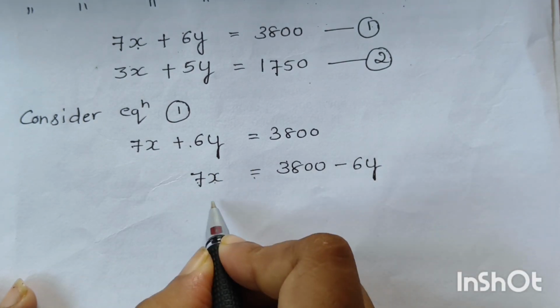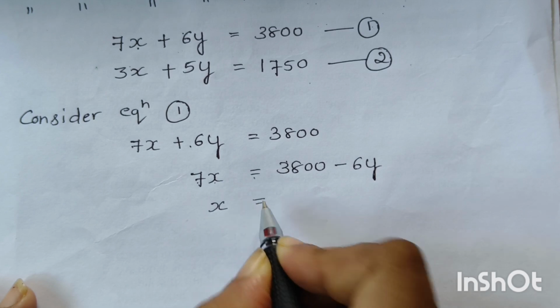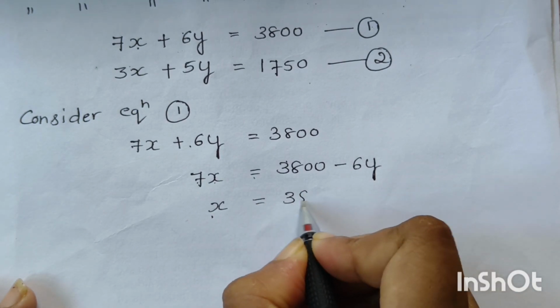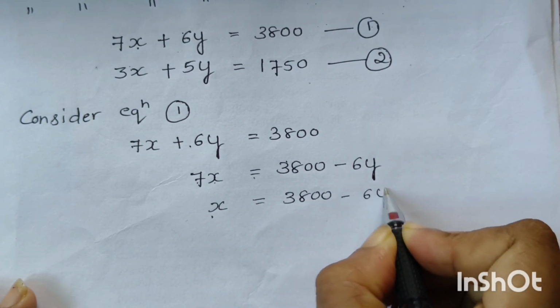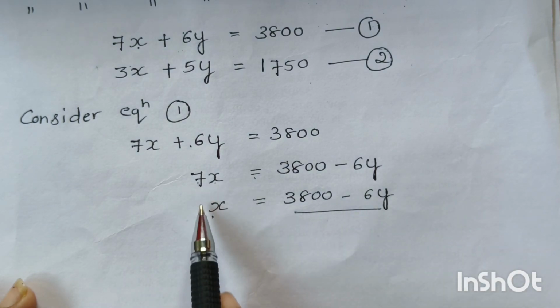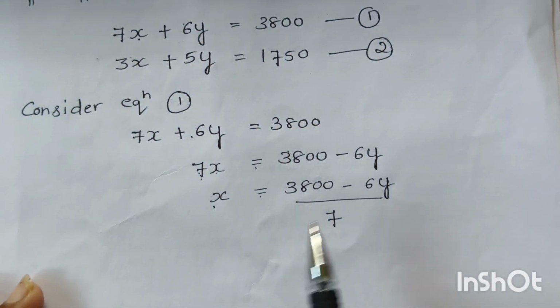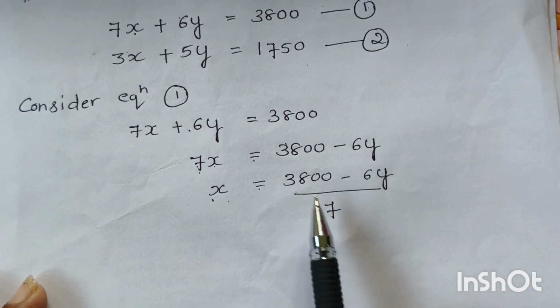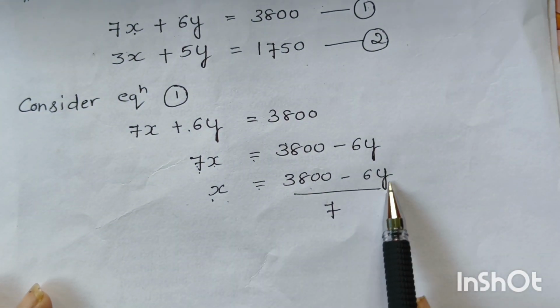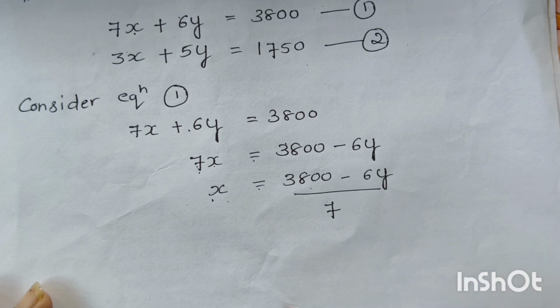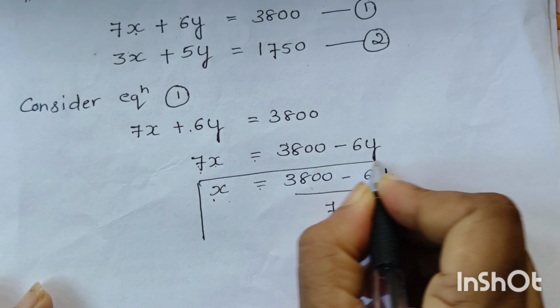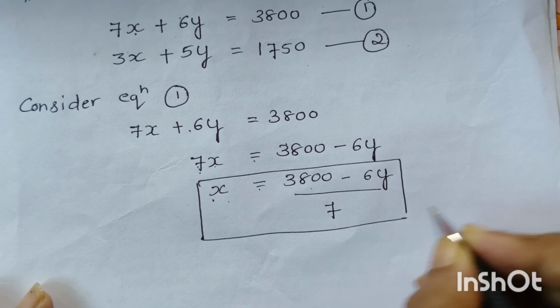It is 7 into x. Here it is in multiplication. When it crosses the equal to sign, it becomes division. That is x is equal to 3,800 minus 6y divided by 7. Let us consider this as equation A.